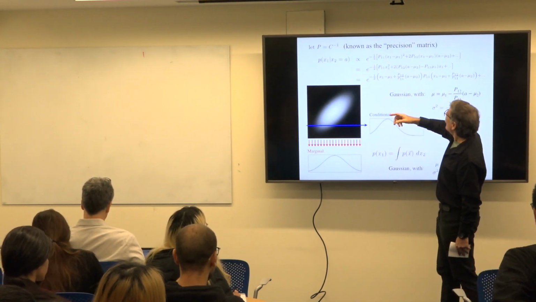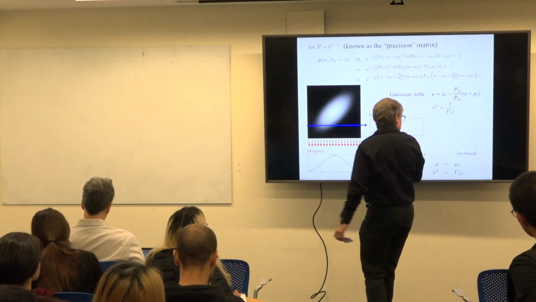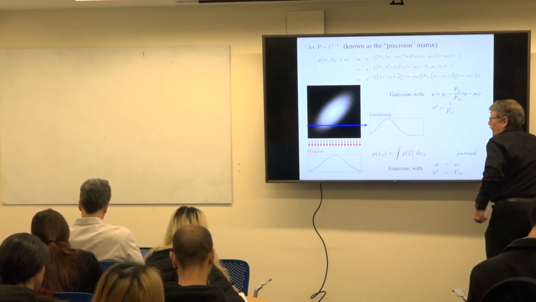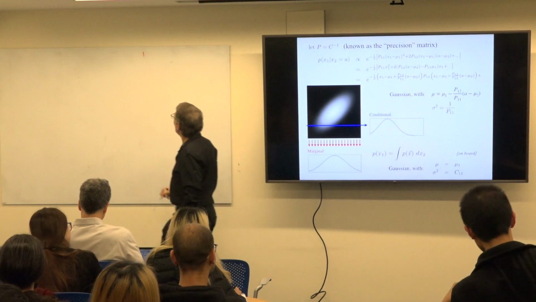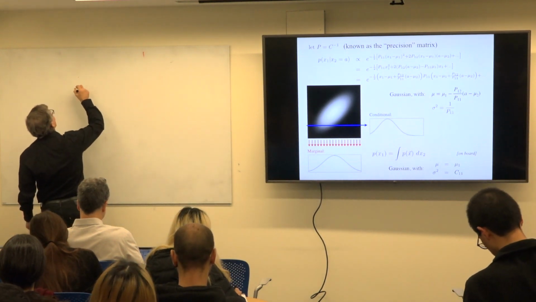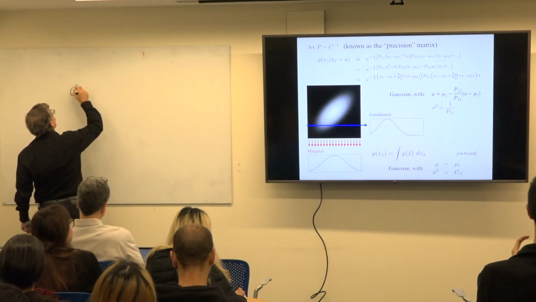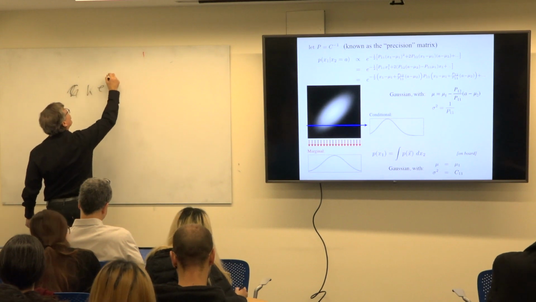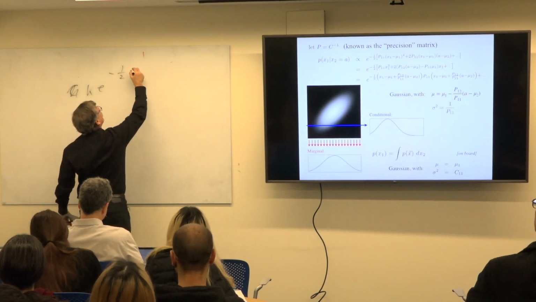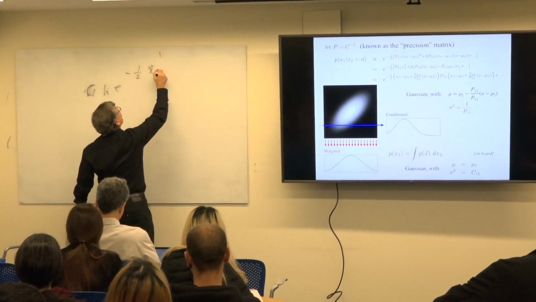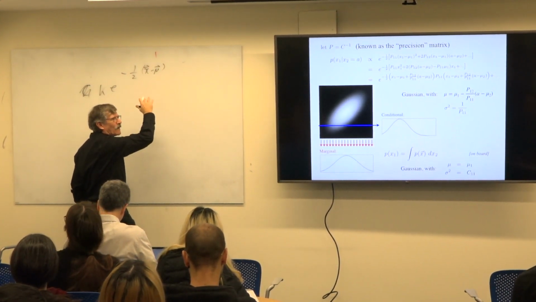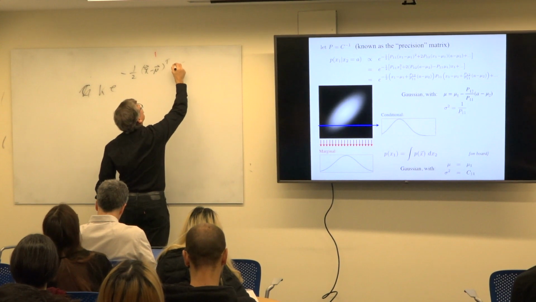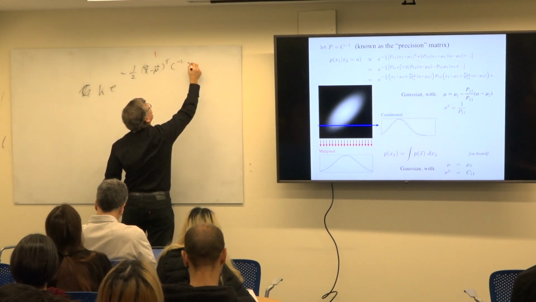So, the precision matrix, I have to make one of these. Okay, so, here's the Gaussian. It's got a constant out here. A constant out here. E to the minus 1/2 x minus mu, transpose, inverse covariance, x minus mu.